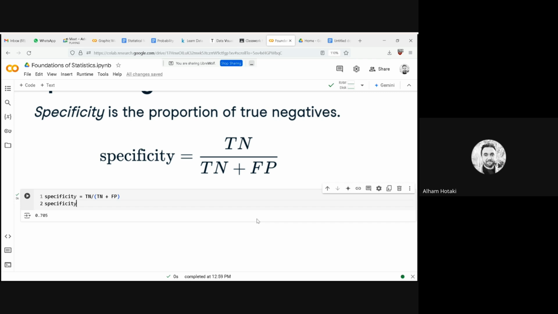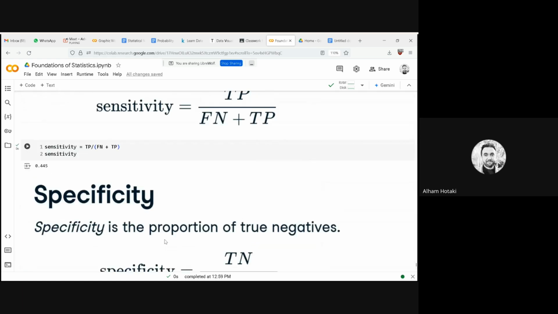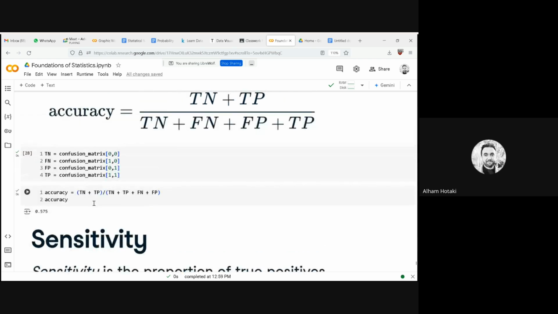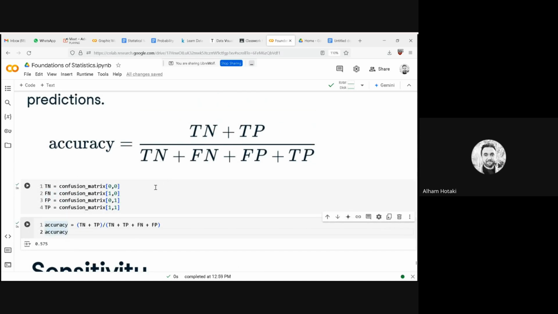So overall, the accuracy of the model is 57%. This much accuracy is not acceptable. It is never going to be accepted as a successful model to predict something. Because when models are considered successful, the accuracy should be at least more than 70%, say 75%.